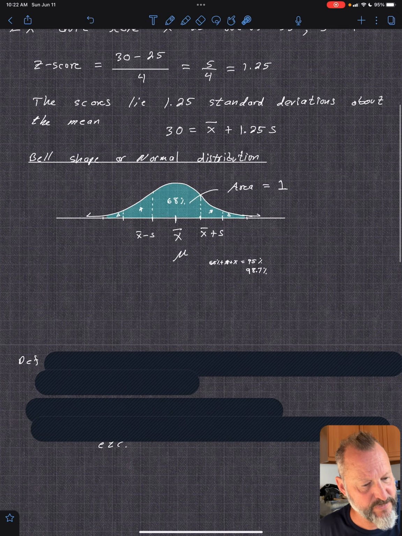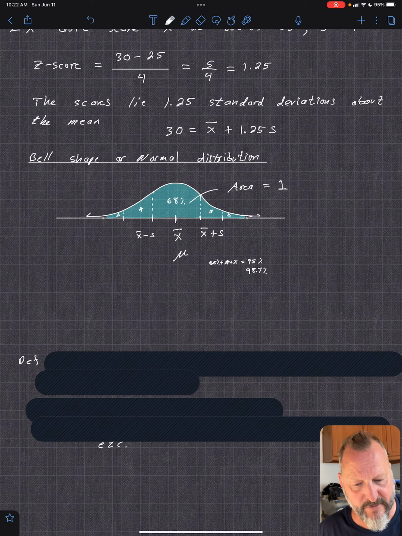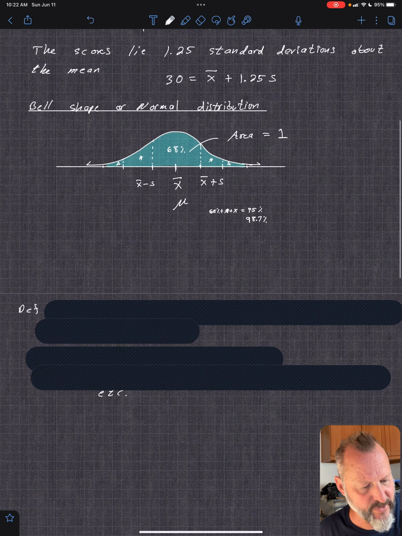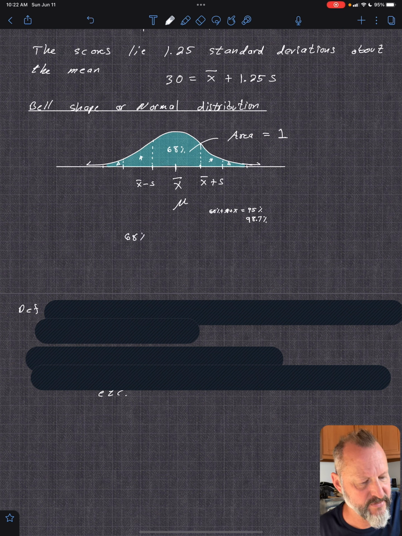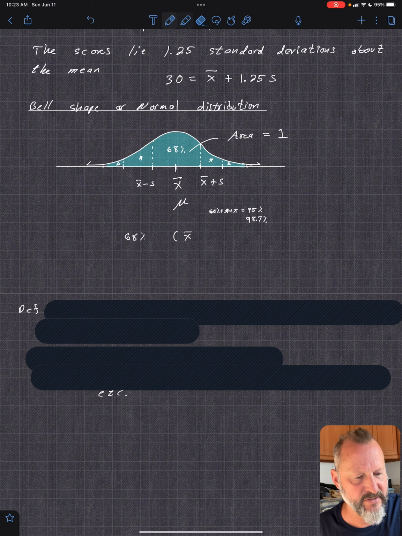So just a quick review of the empirical rule again. You have 68% is x bar minus s, this would be an interval, x bar plus s.